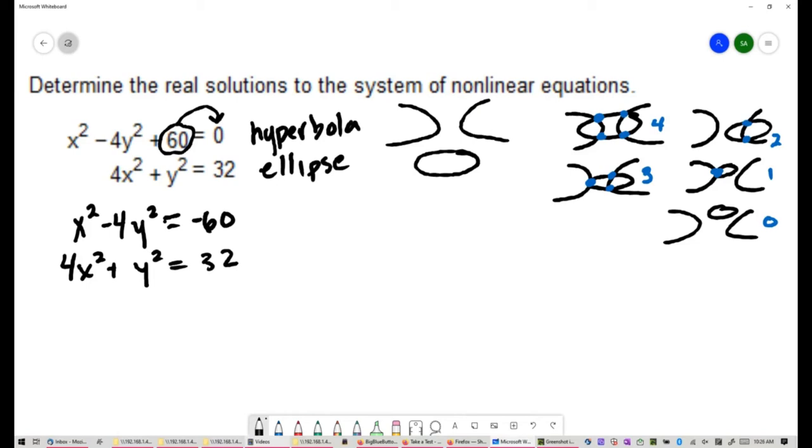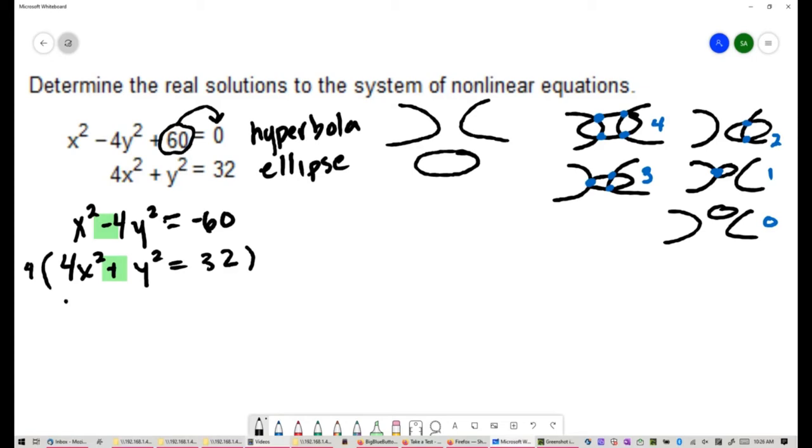And now my like terms are lined up and my equal sign is lined up. If I want to use the elimination method, I can eliminate x or y. I'm going to choose to eliminate y because I already have the opposite signs in front of y, and I only need to focus on the coefficient. So I want that coefficient on the y squared to be a 4. So I'll multiply the second equation by 4 to make that happen.